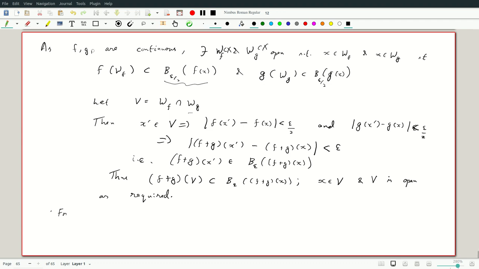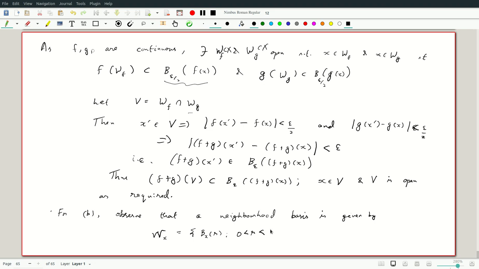So for B, which is the product case, which we'll prove later, observe that a neighborhood basis is given by the neighborhood system at the point x, the set of all balls around x of radius r such that 0 is less than r is less than 1, say.